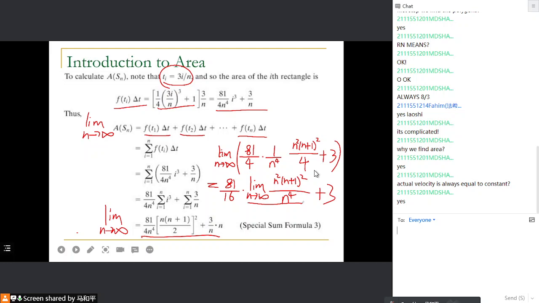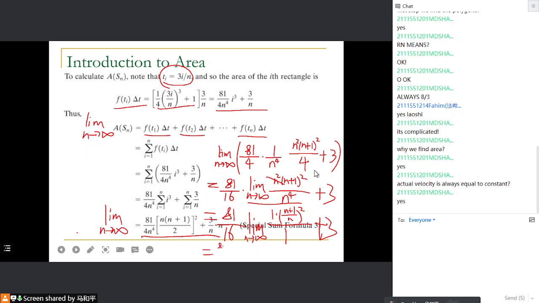The highest power is n to the 4. So dividing by n to the power 4, the limit as n approaches infinity is 1 times (n plus 1) over n squared. This is 1, right? Oh, we can cancel. This is n squared. So it's equal to plus 3.